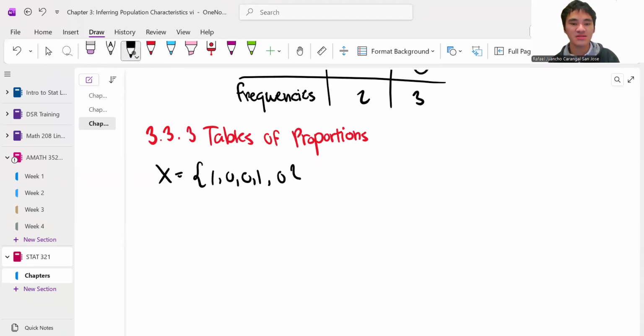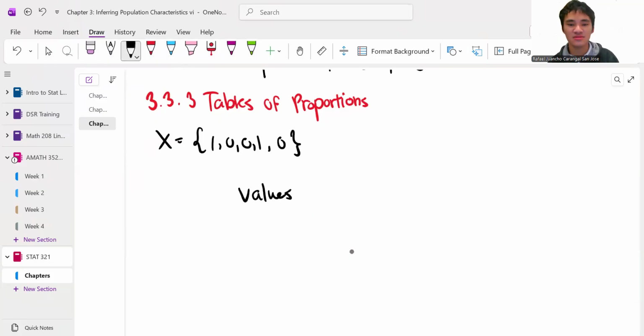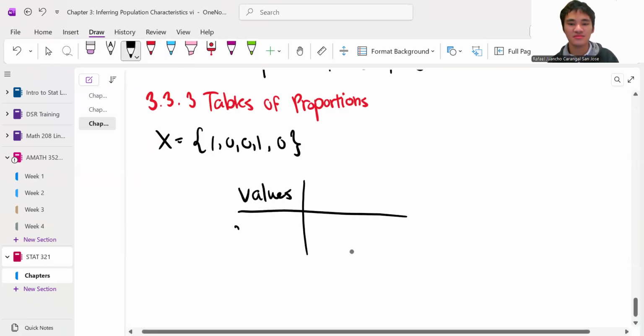We have x, and then we have a bunch of ones and zeros. So our table of proportions is the following. We have values 0 and 1. The value 0 is 0.6 and 1 is 0.4.